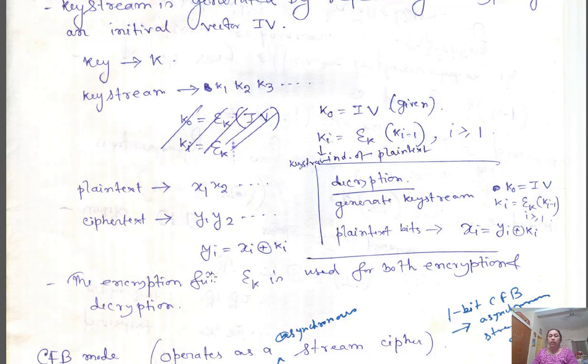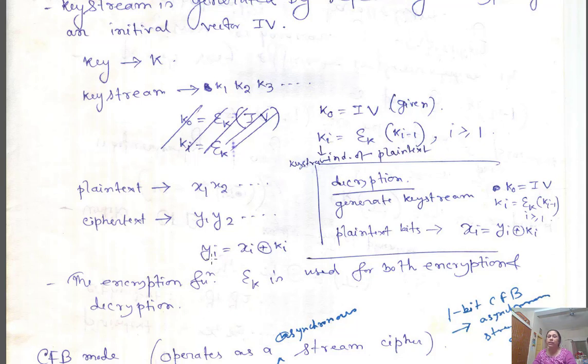Now for decryption, the same encryption function can be used. For decryption, to the decryptor, K is available, and also the initial vector is available. So in the same way the decryptor can generate the key stream, and the ciphertext is available to him.